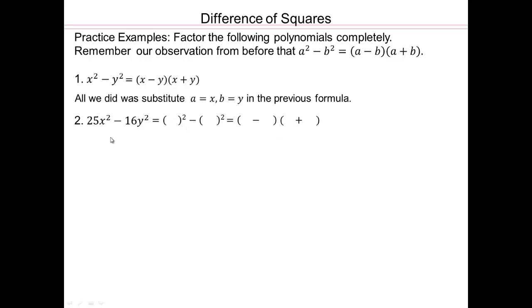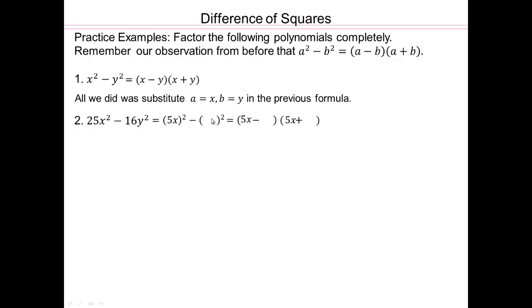So let's see. Whose square is going to give you 25? That would be 5. Whose square is going to give you x squared? That will be x. So what goes in here then? That's 5x. So 5x goes there, and 5x goes in the other one too. Let's just fill those in.